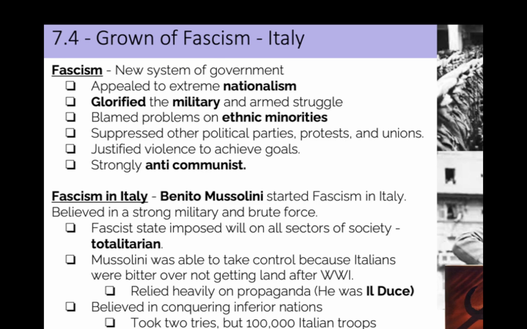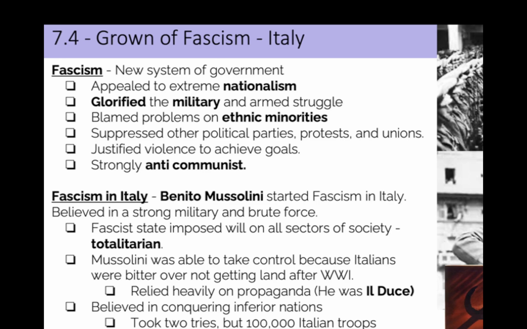Okay, fascism is created by Mussolini. It is in Italy first, but who perfects it? Germany under Hitler. Hitler is going to perfect it, but it's Mussolini who starts it. It really focuses on militarism and nationalism. Okay, it glorifies those two things.